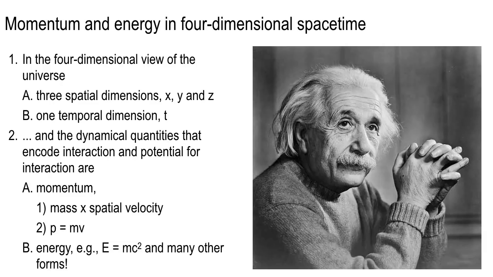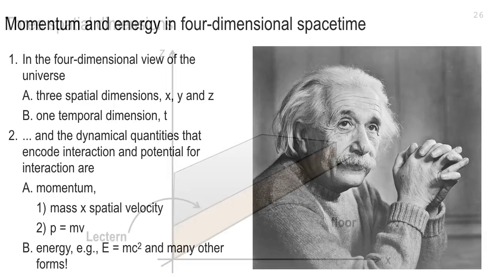That's one of Einstein's most famous equations, and there are many other forms of energy than that one. What we're going to be working with are some forms of energy called kinetic energy and potential energy, gravitational potential energy.